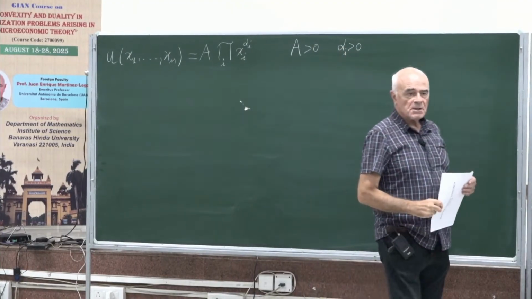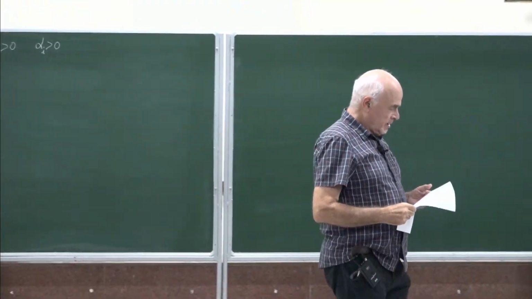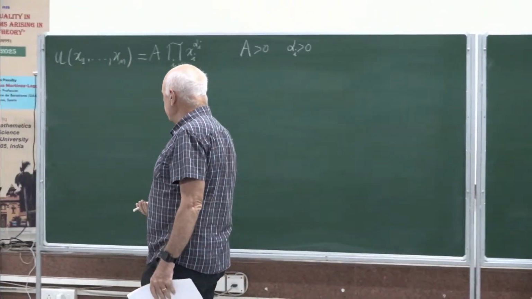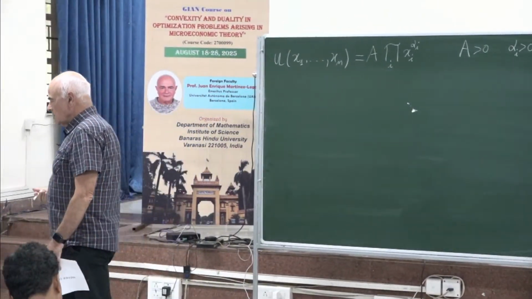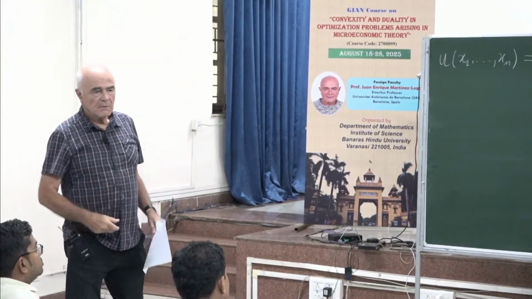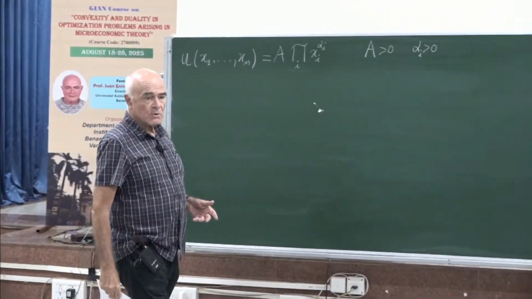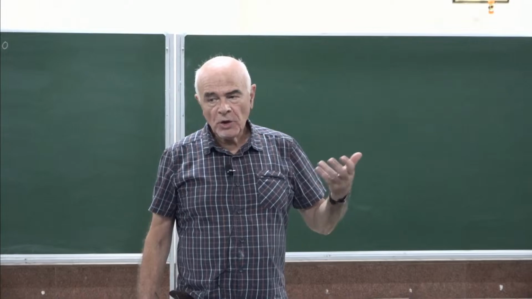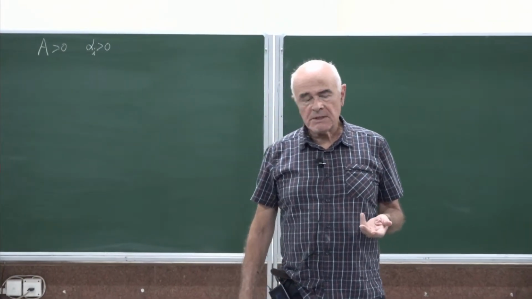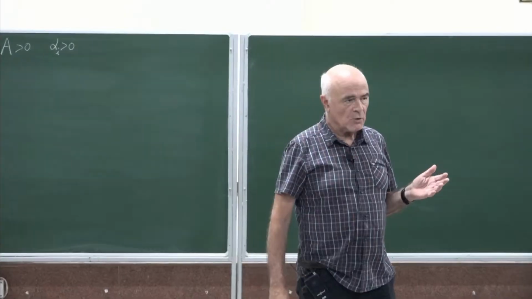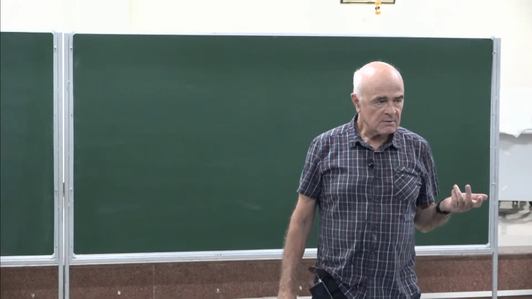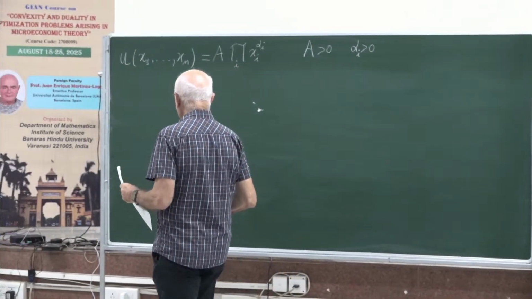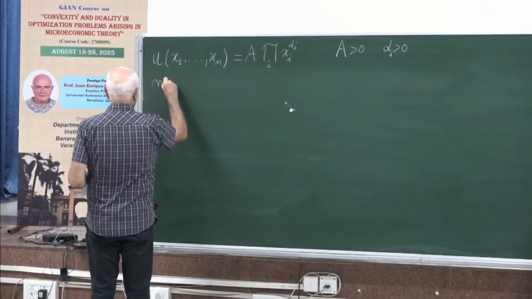All the coefficients are positive. And then we have to solve the utility maximization problem for this utility function. By the way, this is a nice utility function because it's always quasi-concave. Even concave when the sum of the alphas is less than or equal to 1. But in general, quasi-concave. It's also non-decreasing and continuous. So it's very nice.